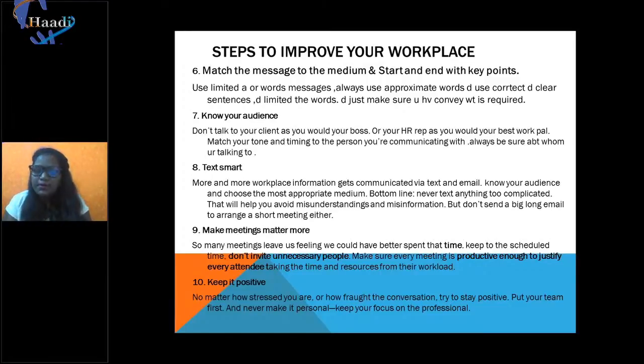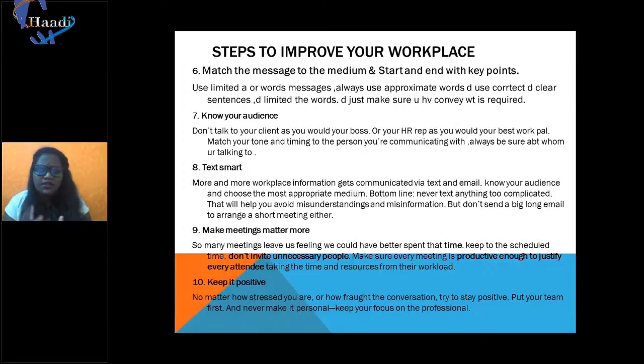And the third one will be smart text. Text smart is about when you send a mail. Don't use complicated words, because if you avoid complicated words, it will obviously help to avoid misunderstanding and misinformation. So, how to use smart text?